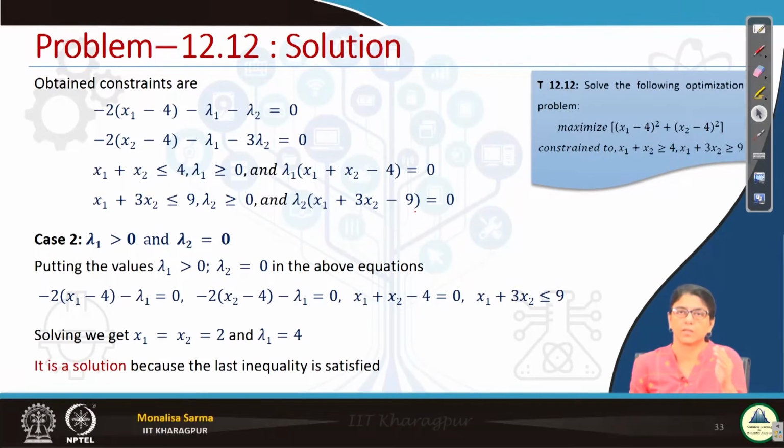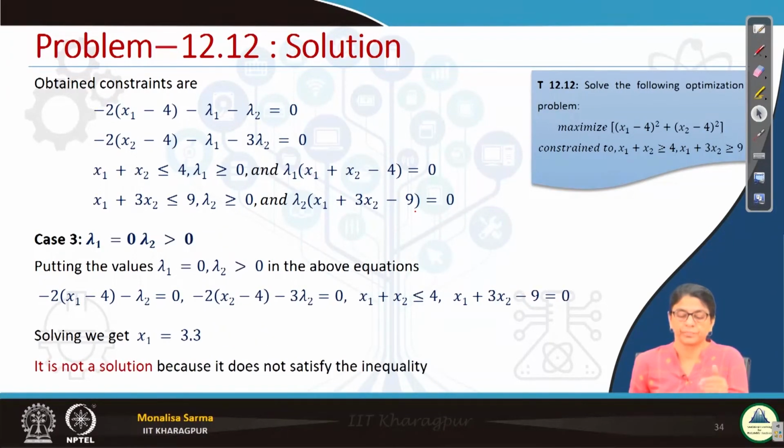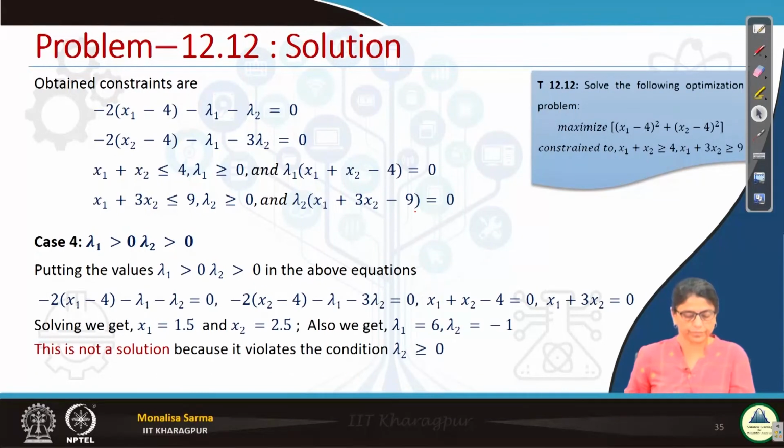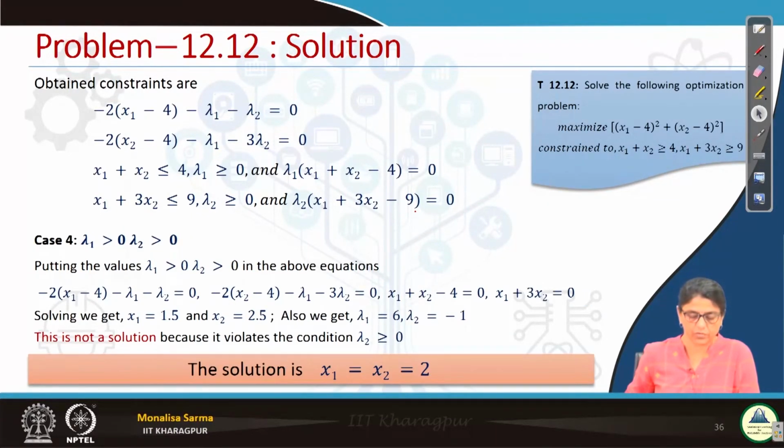In fact, please don't go through them, do it yourself, and once you get the answer, try to match it with this. I am not going through all the steps. Finally we got the solution x1 and x2 equal to 2, and it satisfies the constraint also. What was the constraint? x1 plus x2 greater than or equal to 4, and it is satisfying the constraint as well.